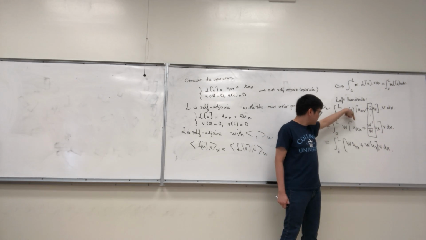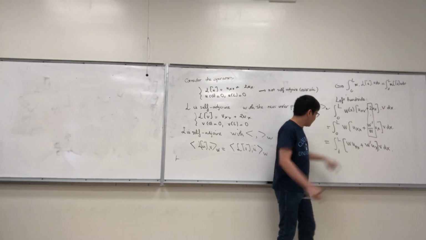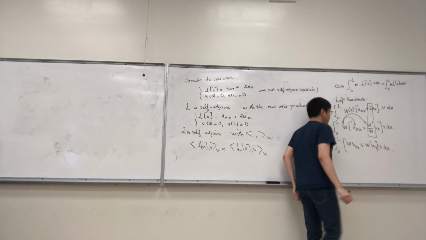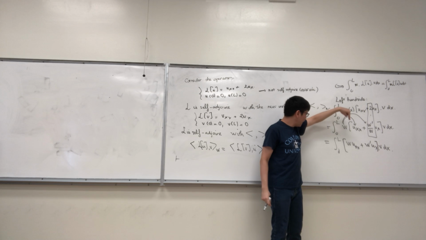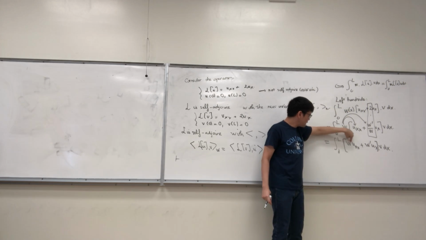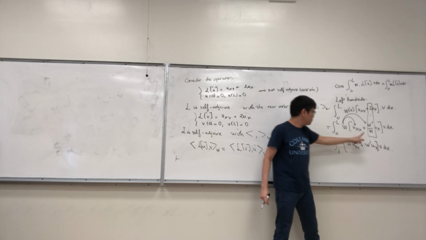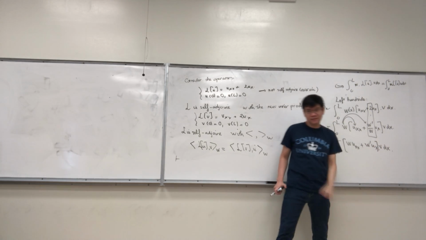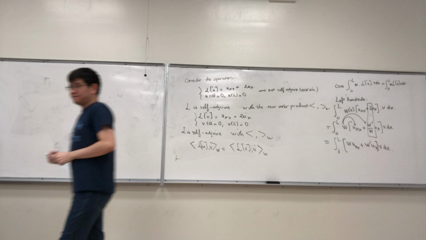I multiply W inside, and then this W cancels with this W, and I have W u_xx + W prime u_x, times v dx.